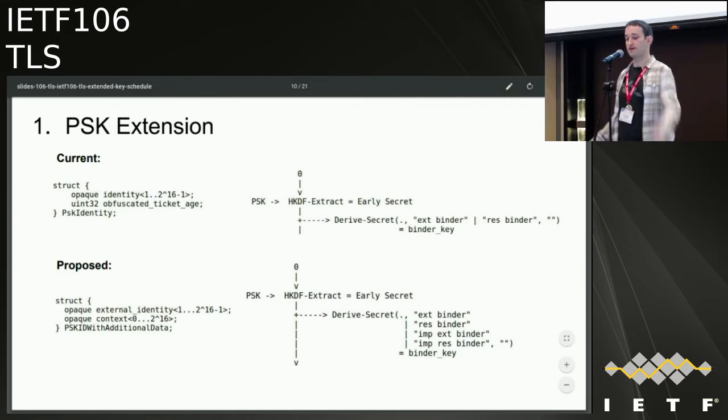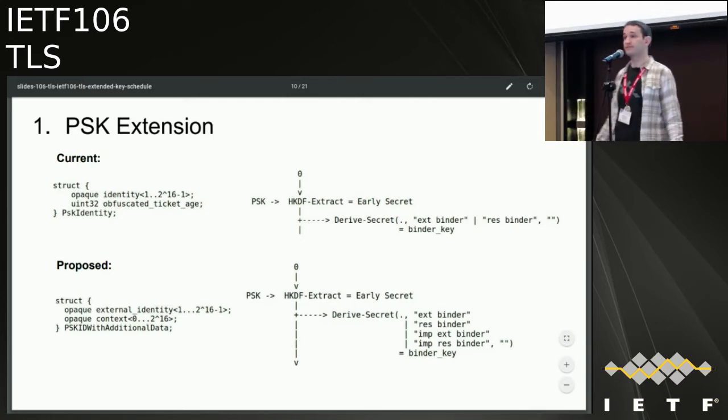If you look on the bottom right, there's impex binder and imp-res binder. Basically, if you're doing an out-of-band PSK, use impex binder as your label. We might need to shorten that. And basically, that says you can't confuse an out-of-band PSK using this and an out-of-band PSK not using this.